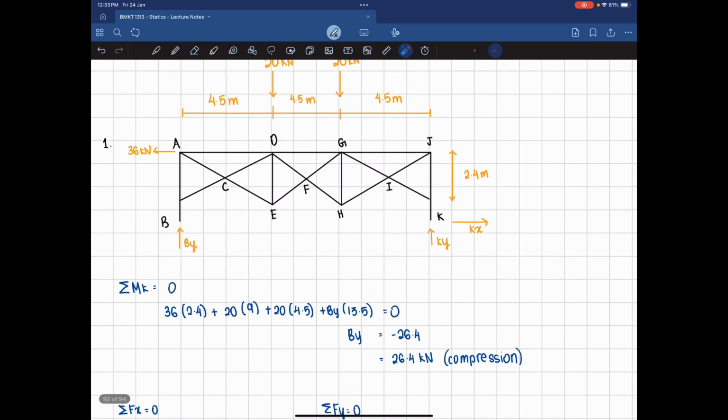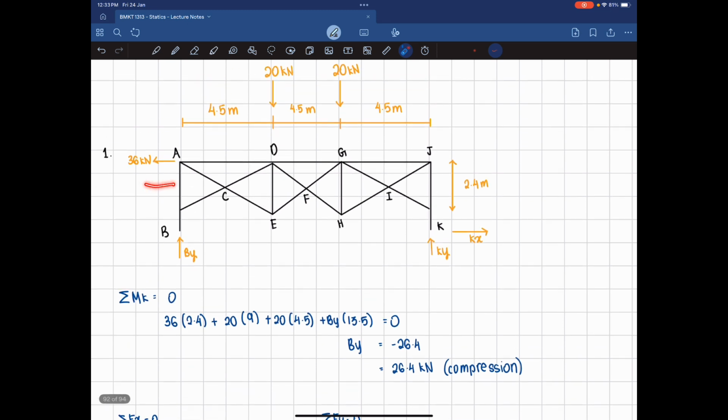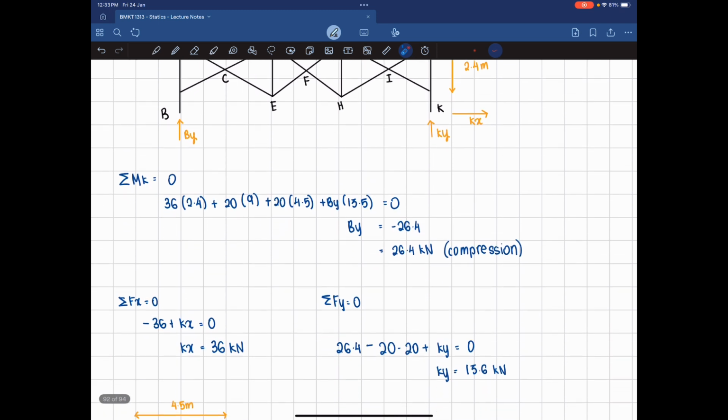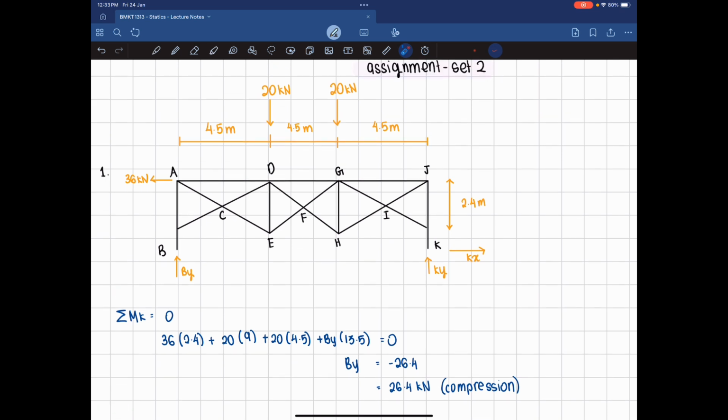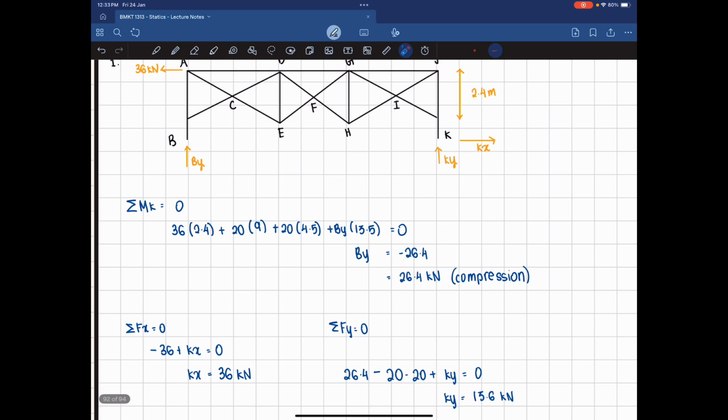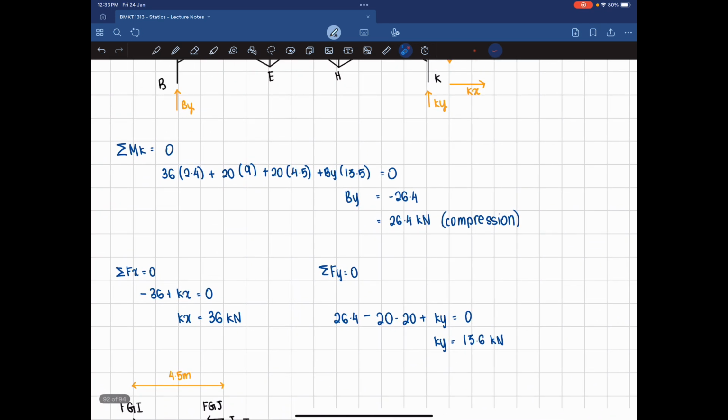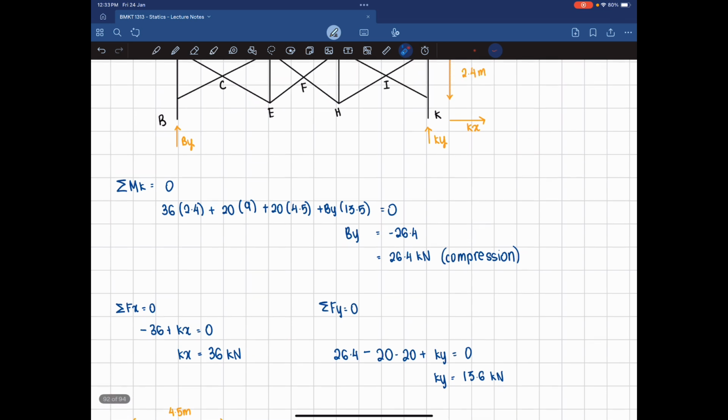So we get negative 36 because it is going to the left side, so negative 36 plus KX. There are only 2 x-axis forces, which are 36 and KX. We put this equal to 0, and we get KX equals 36 kilonewton.